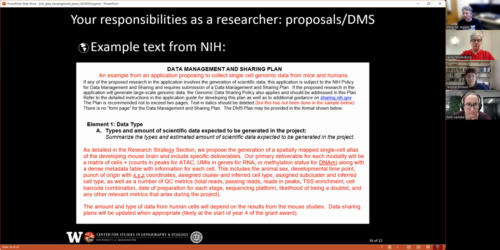And from looking at this, there's an assumption that whoever is going to be reviewing the data management and sharing plan must have probably expert knowledge in the area of study.